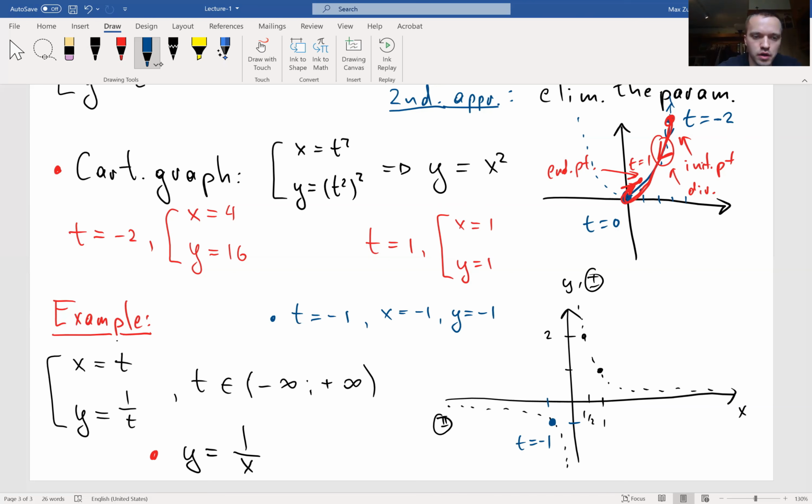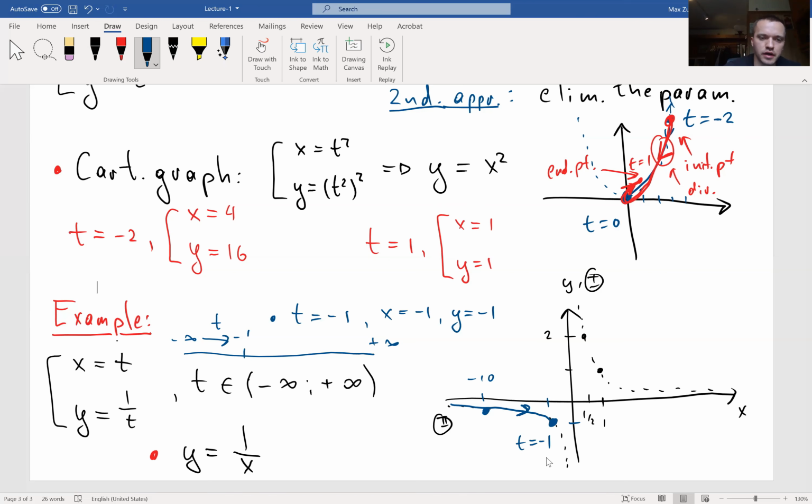If I think about my interval as from -infinity to +infinity, and this is t equal to -1, then if I change my t between -infinity and -1, what happens with this point? When t is equal, for example, to -10, you're going to have a point over here, yes? It's going to be -1 over 10. So when t changes between negative infinity and -1, you're going to have this part of the hyperbola.